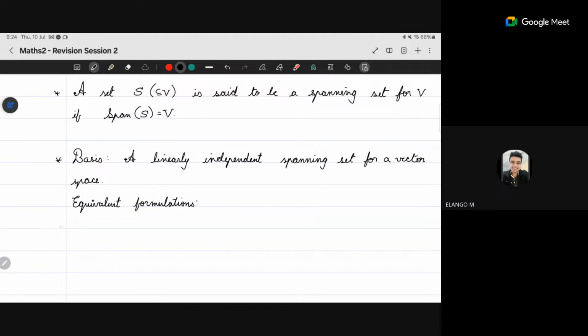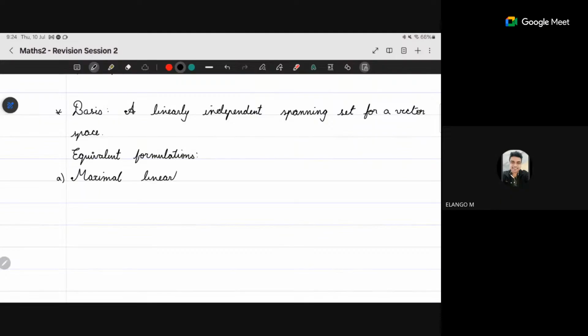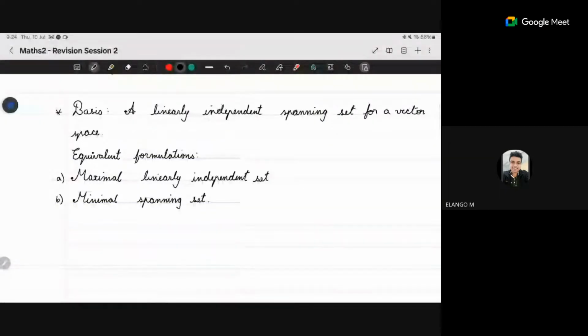Now, equivalent formulations are a maximal linearly independent set or a minimal spanning set. So what does that mean?